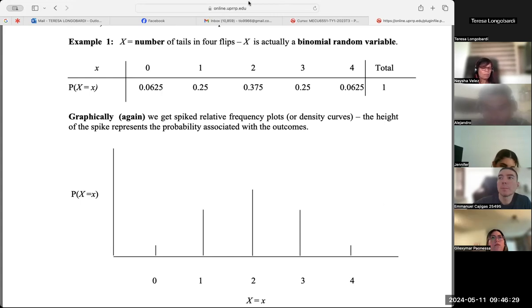Put it in the chat. Okay, let me see the chat. Okay, so Juliet says it's symmetric. Good. It's symmetric. Okay, so that's a similar feature. Is this a normal distribution? Who thinks it's a normal distribution?